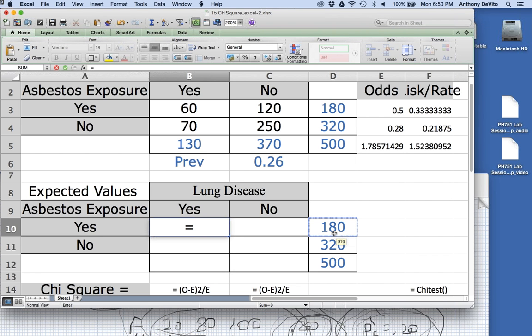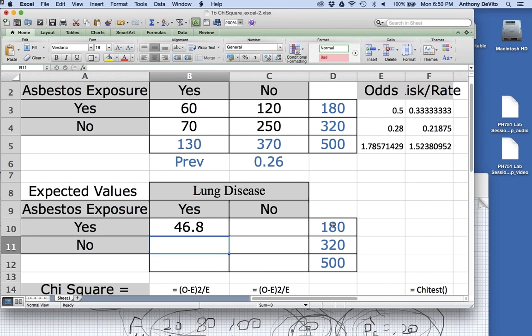We'd expect what percentage of the 180 to have lung disease? The prevalence, right? The prevalence is 26% overall. So we'd expect 26% of these 180 people to have lung disease. So it's going to be 0.26 times 180. We'd expect 46.8 people, right?